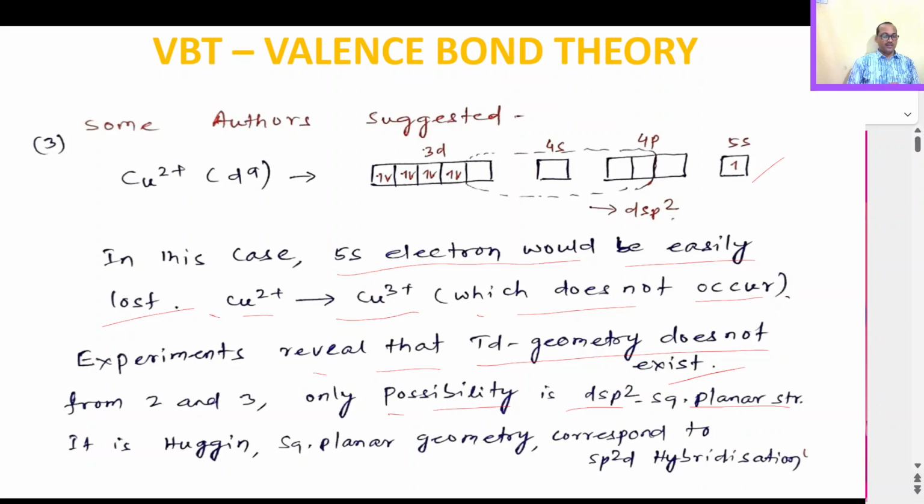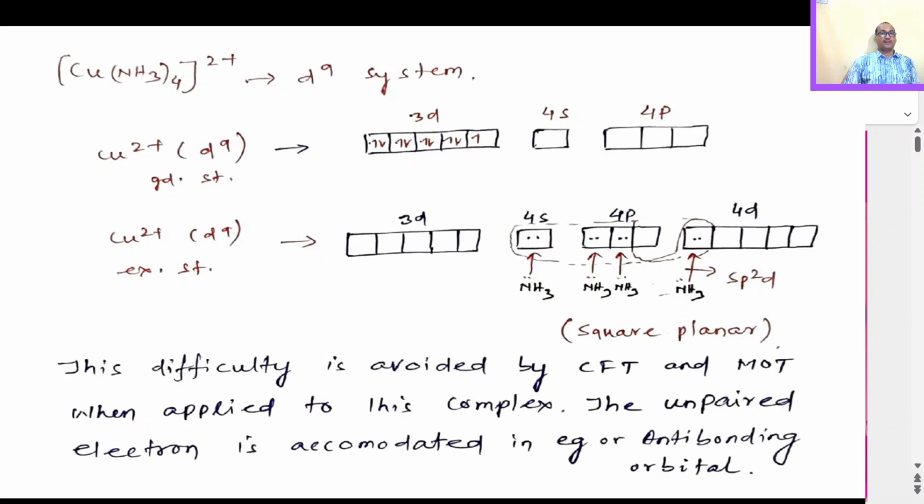So it is Huygens who suggested square planar geometry corresponding to sp2d hybridization. So let's start with [Cu(NH3)4]2+, that is the d9 system, and this is the configuration for 3d9. What will happen?